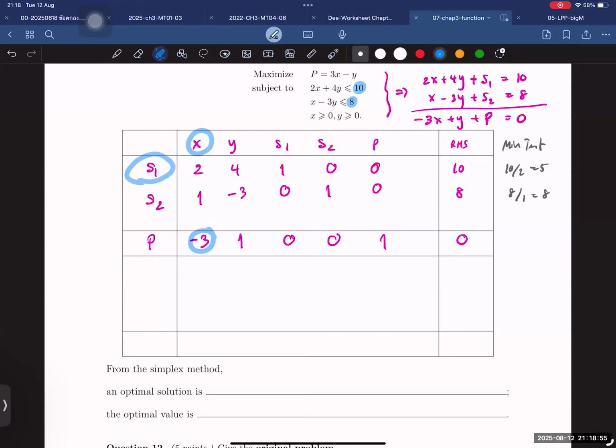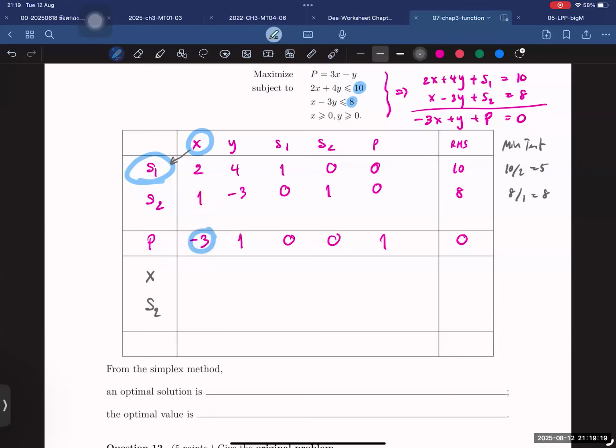So the next thing is that x would replace s1. So we get x here, and s2 is still the same. Now we want this to be 1, and the others will be 0, right? To do that, we perform the row operations.